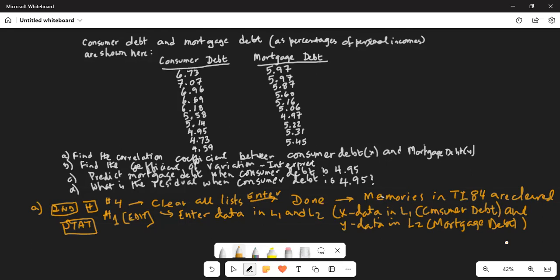So we have entered the X data, consumer debt, in L1 and Y data, mortgage debt, in L2.